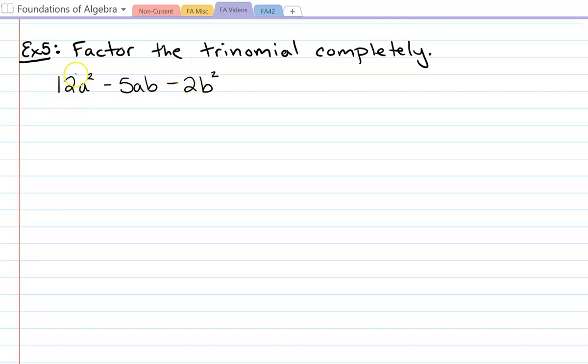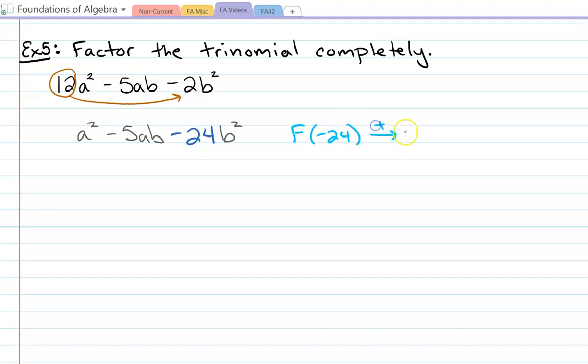So we're going to slide that 12 over and multiply. So we get a squared minus 5ab minus 24b squared. Okay, and now factors of negative 24 that add to negative 5.